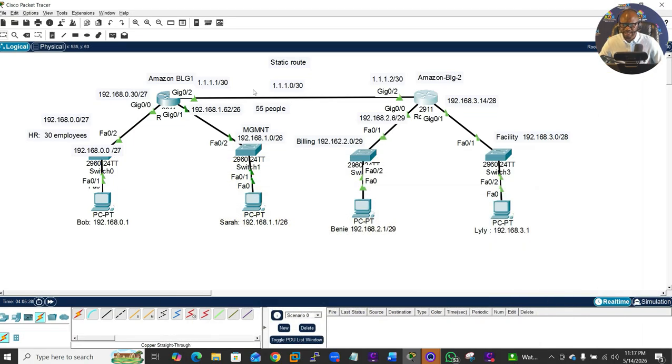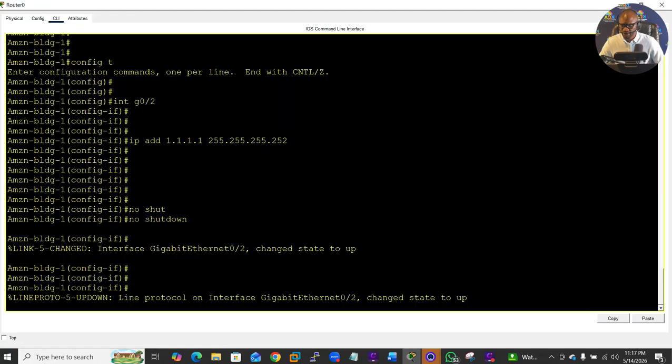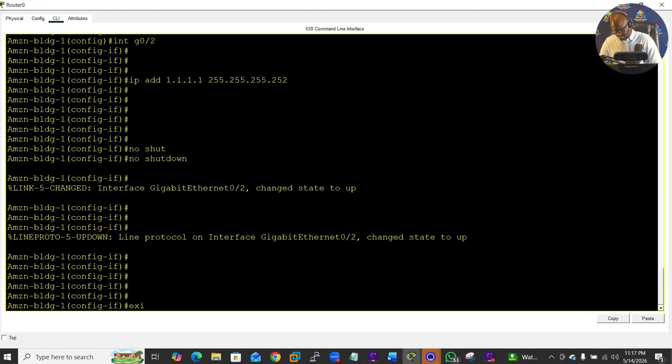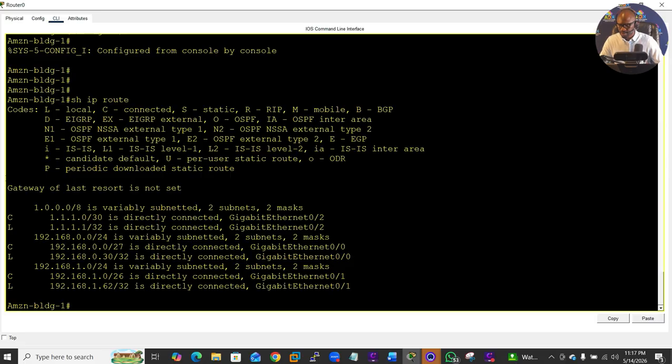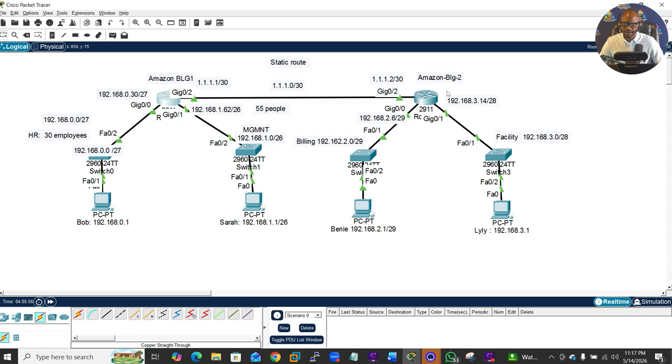So it's a shared network. Both of them should learn about it. 1.1.1.0/30 is also there. Easy. So both of the routers, building 2 and building 1, know about 1.1.1.0.